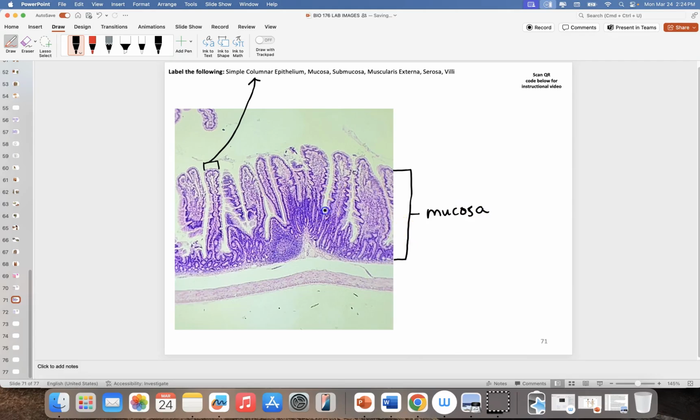And then again, the way this tissue is arranged, we get these finger-like projections. So we end up with these finger-like projections, and those are going to be our villi. I'll point out a couple over here as well.